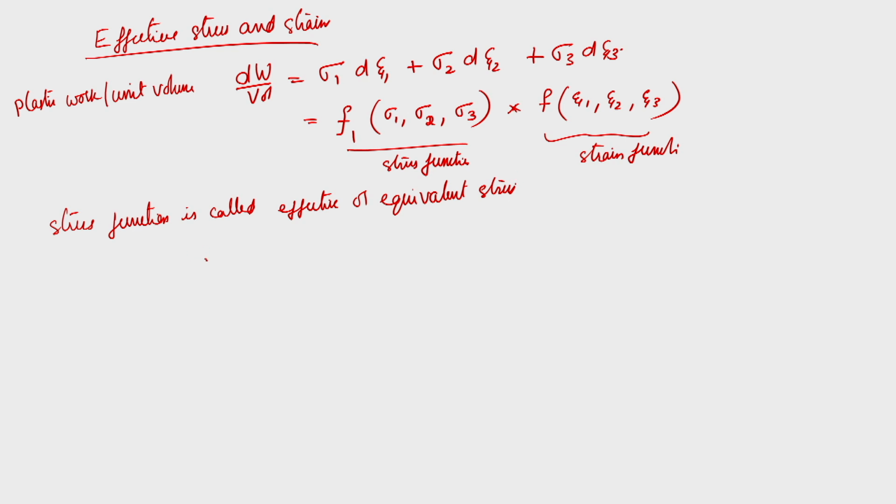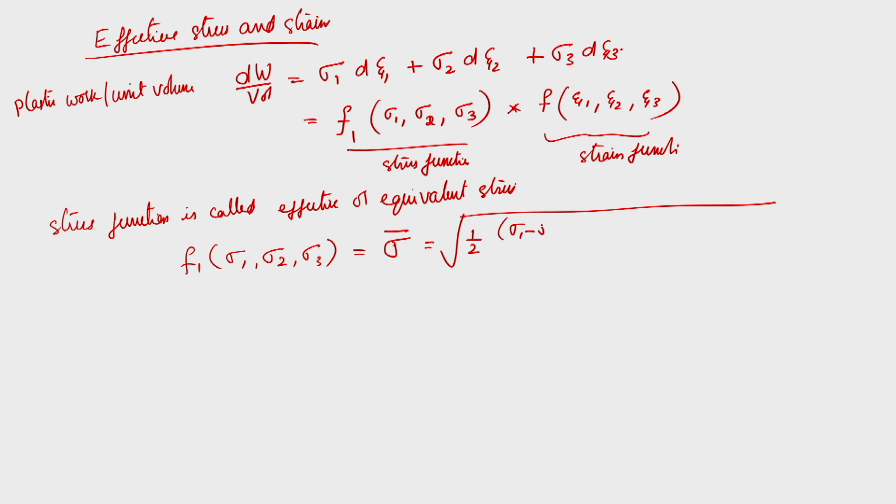So, we can say that f of principal stresses sigma 1, sigma 2, sigma 3 we can write as sigma bar, which is the effective stress. In terms of the von Mises criterion, that is sigma 1 minus sigma 2 square plus sigma 2 minus sigma 3 square plus sigma 3 minus sigma 1 square.